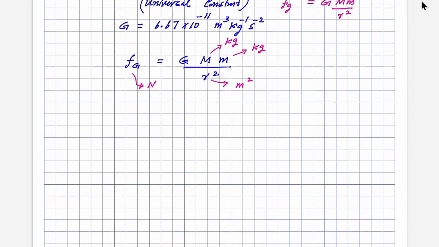Right? So now, if you want to find the unit of G, you can isolate G and group all the other units. You get Newton times meter squared, times kg to the minus 2.